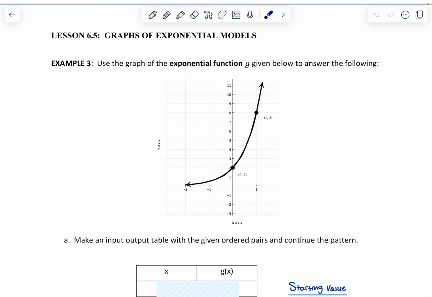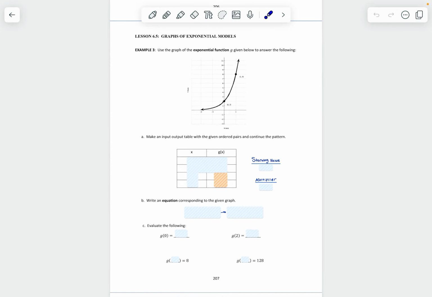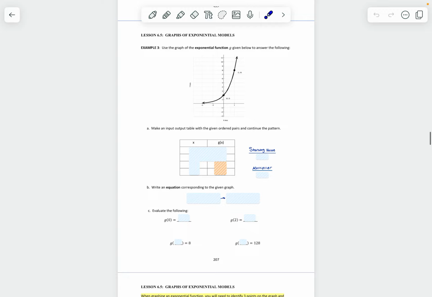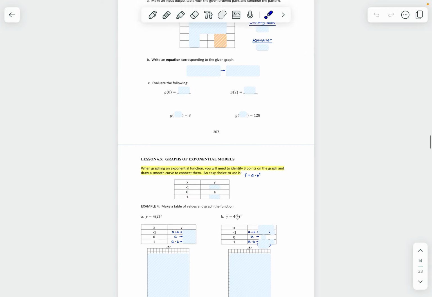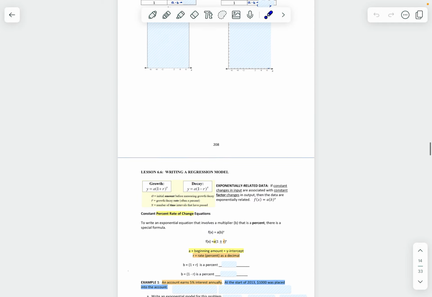Use the graph of that exponential function, g, to answer the following. Here's your graph. I want you to try and complete the table. Go ahead, take a second right now.